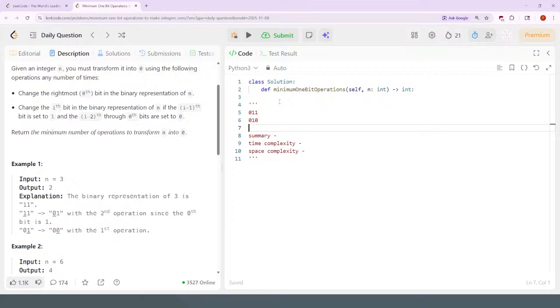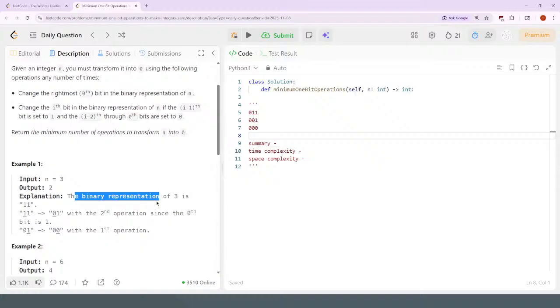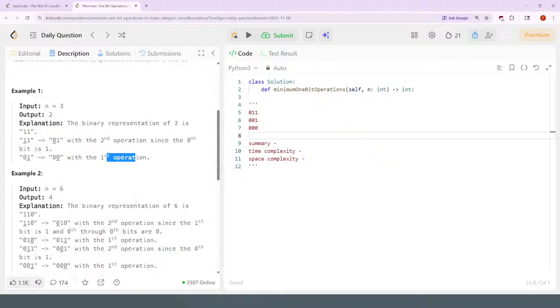And then now you make that middle bit into 0. Change the ith bit, as long as the next one is 1 followed by zeros. And then you make the last one 0. Okay, 1, 1, 0, 1, second operation. First operation, oh yeah, okay.